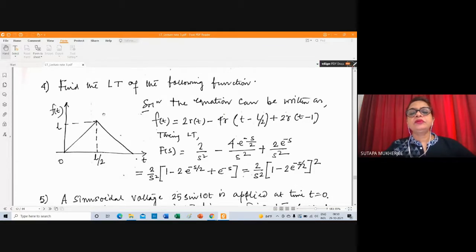Simple what? y equal to mx, that is t. m equal to what? Perpendicular by base. What is perpendicular? L by 2. What is base? L. So L by... am I correct or not?